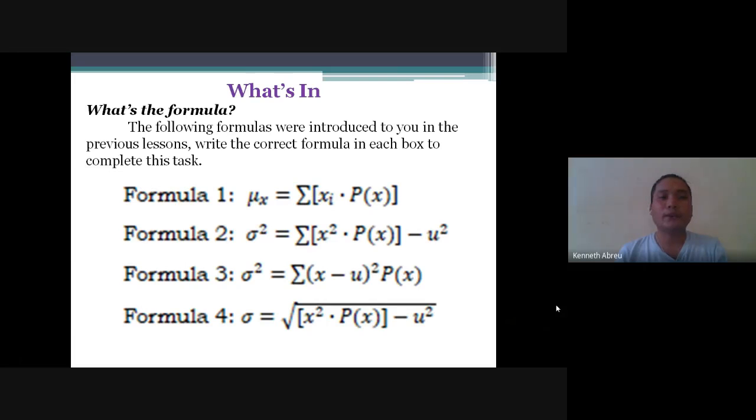We have four formulas: formula 1, 2, 3, and 4. The first formula would be how to calculate the mean of the given discrete random variable. Formula number 2 and number 3 would be how to get the variance of a discrete random variable. And formula number 4 would be how to get the standard deviation of a discrete random variable.